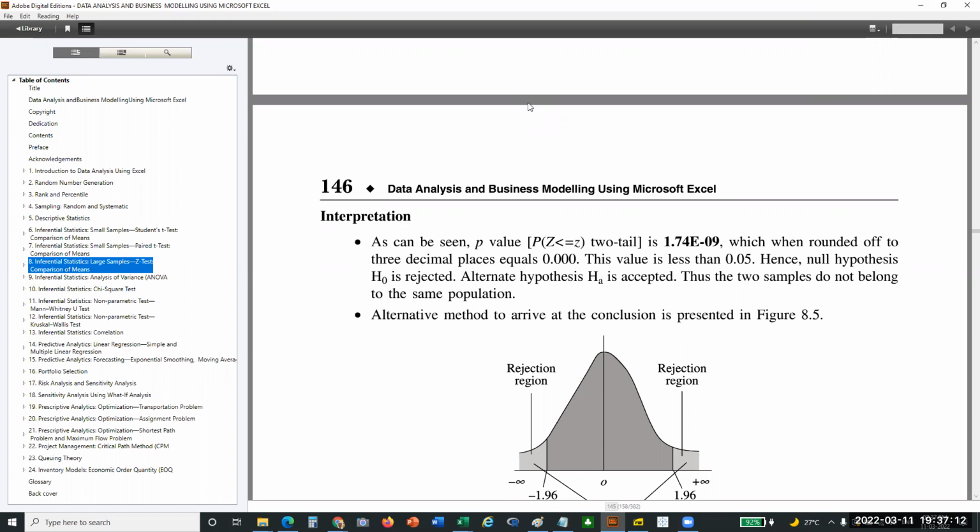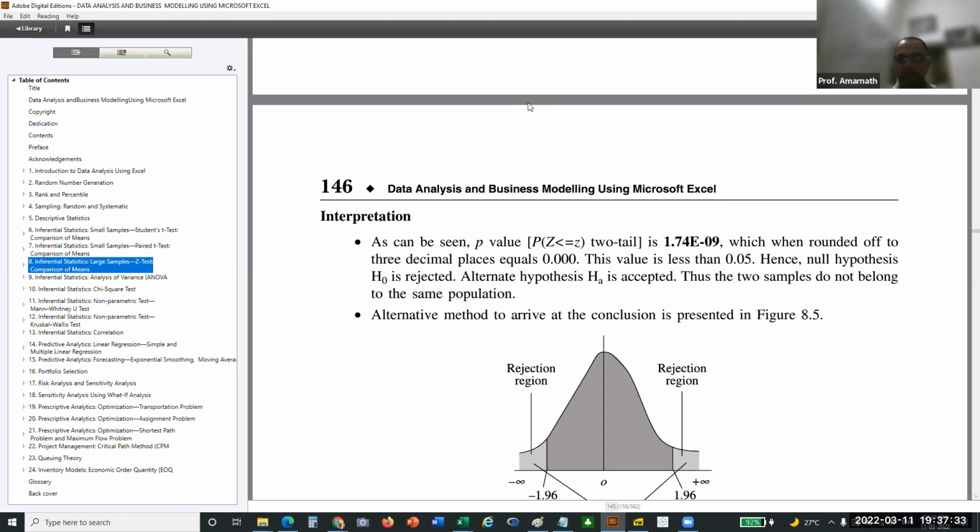Is it zero? Will it be a plus value or minus? It is 0. So it falls to the left of that normal distribution. So that's why we conclude that. That doesn't belong to the samples which you have.